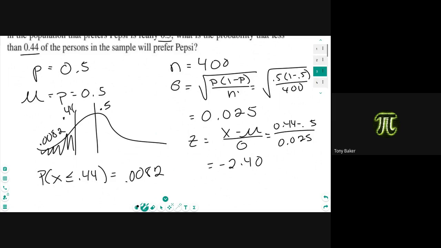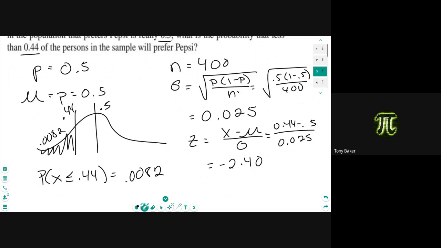All right, so the question is what does that mean? Oh, I thought you raised your hand. Okay. What does that mean? So if I did the survey and I got 44%, the 0.5 isn't true. Probably not.